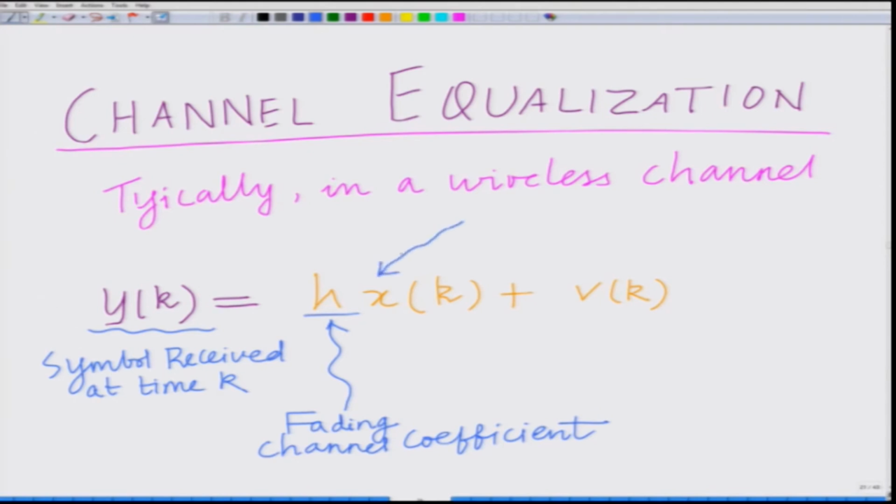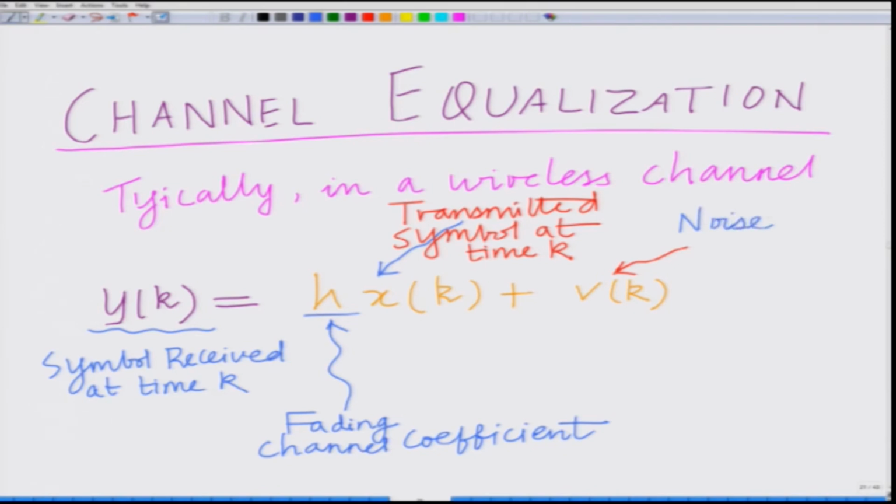Xk is the transmitted symbol at time instant k, and vk is the noise sample, the Gaussian noise sample at time k.